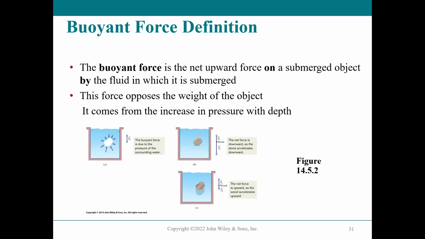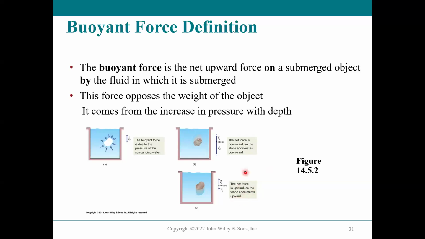We can imagine in this figure, if we have an object here and there is pressure by the surrounding water, and then the net force is downward, so the stone accelerates downwards. But if the net force is upward, the wood accelerates upwards.